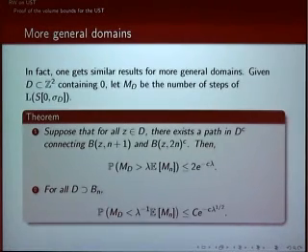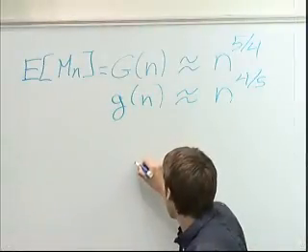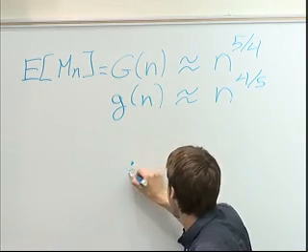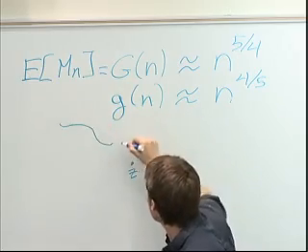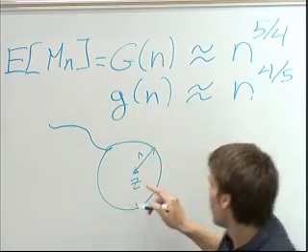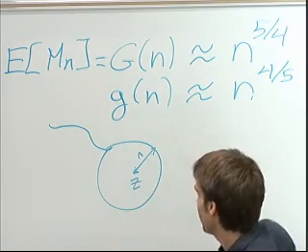We have this condition on a domain D. For all z in D, there's a path in the complement connecting B(z, n+1) and the complement of B(z, 2n). What this is saying is, here's our domain, and okay, I haven't given you a domain yet.